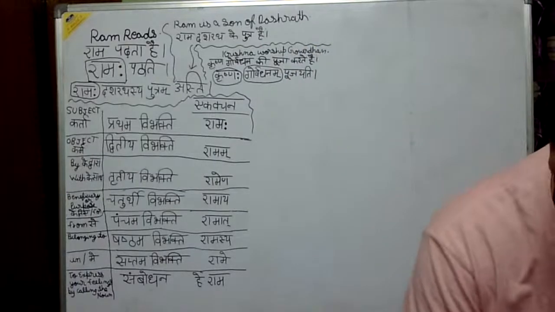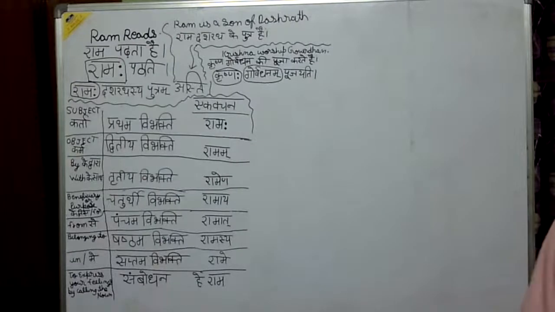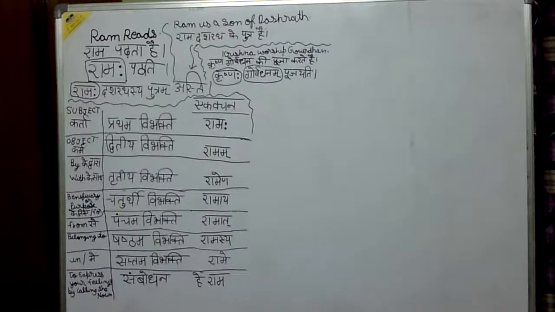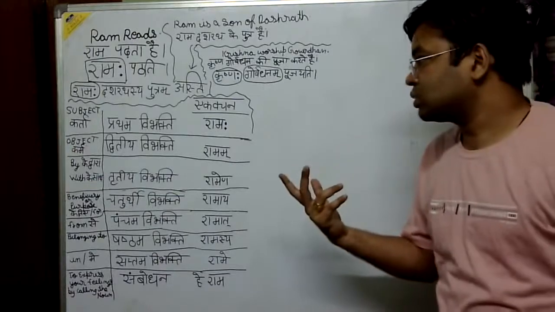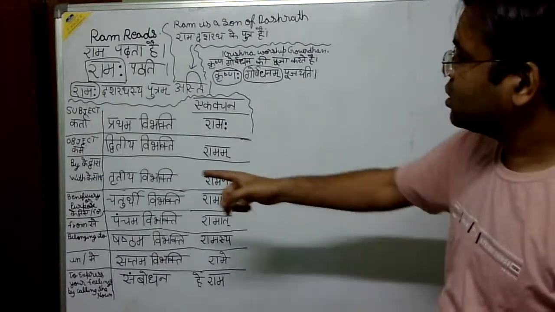Now coming to the third vibhakti. For third vibhakti, we have two types of sentences.